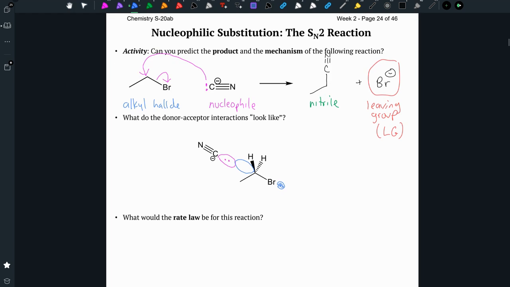Okay. The nucleophile, which I'll just call Nu, must attack from the opposite side of the carbon from where the leaving group is.